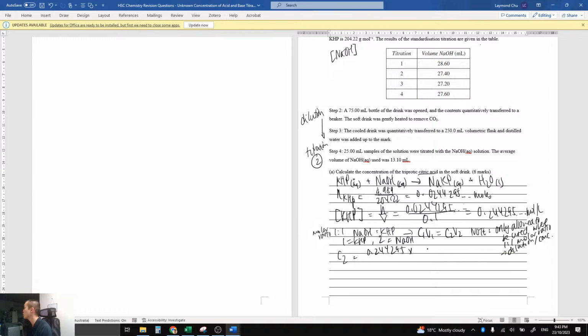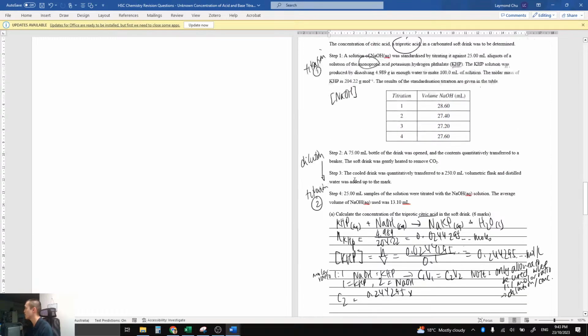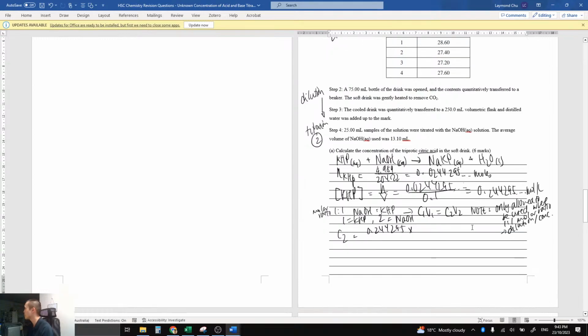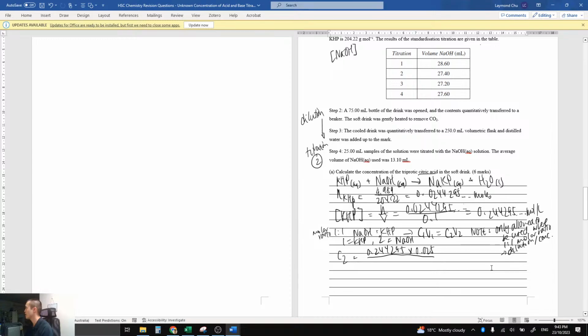So it's 0.244295, and the volume that we used in our titration was only 25 mLs. You see how we couldn't use our moles straight away because we only took 25 mLs of the 100 mLs. So we do 0.025 over the volume of our NaOH solution, which is the average of this.